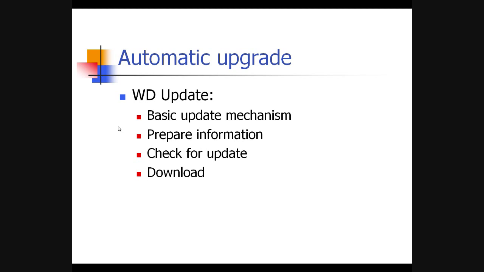So that's what we're going to look at now in the how to use it and how to really implement the corresponding code. WD Update is working. I in fact already prepared information for it, uploaded on one of my servers, and I did put links to real files that you can download.